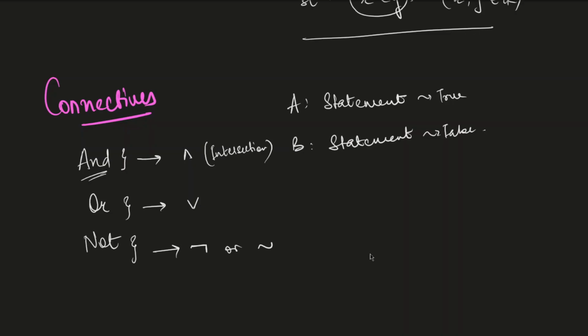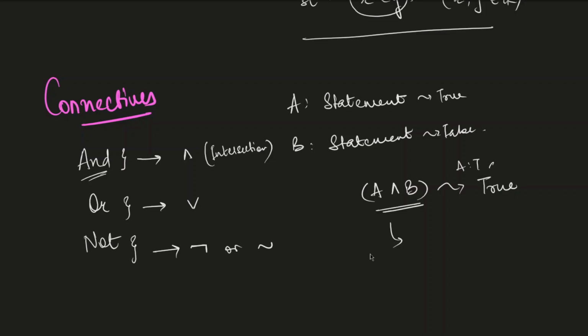If you have A and B, this is literally read as statement A and B. So it's asking me if A and B are true. Intuitively, if A and B both are true, only then will it be true.